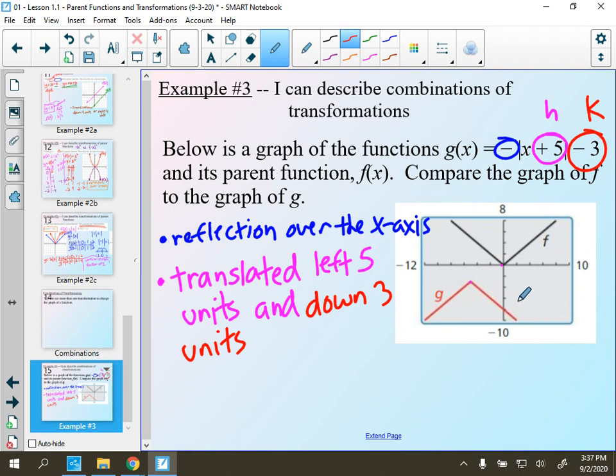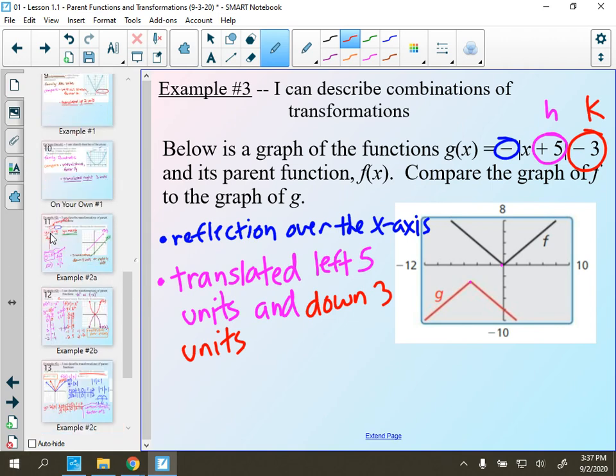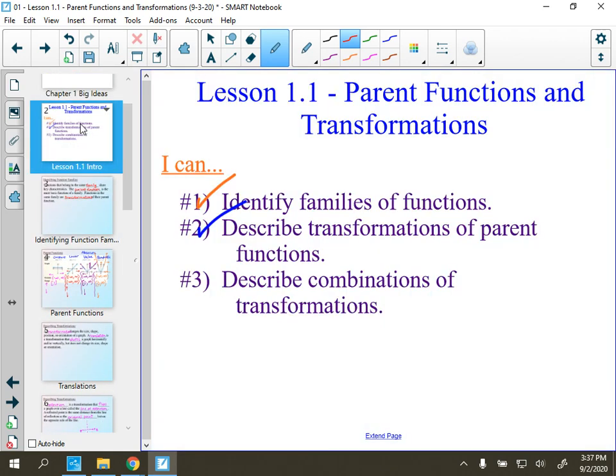So it manifests on the actual graph itself. So there's lesson 1.1. Long lesson, but we're laying some groundwork for what's coming. I would say we can definitely describe at this point any combination of transformations. So there you go, there are your notes for lesson 1.1. We'll see you in upcoming lessons.